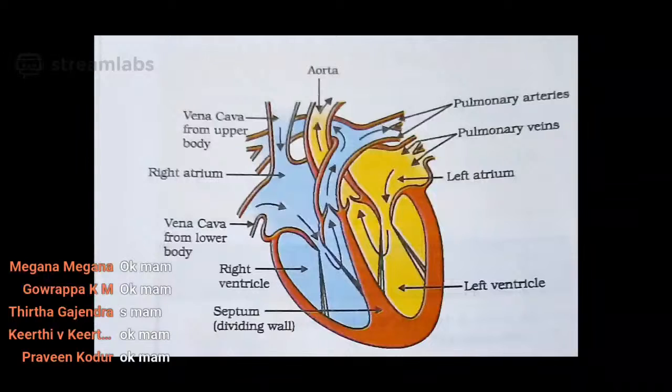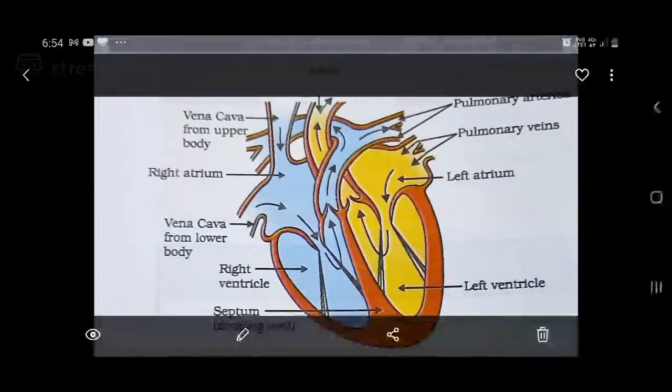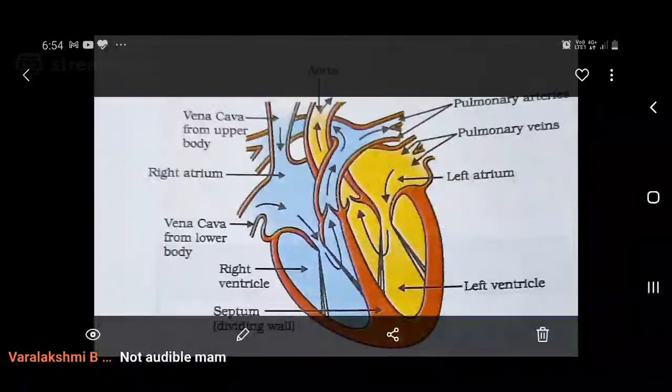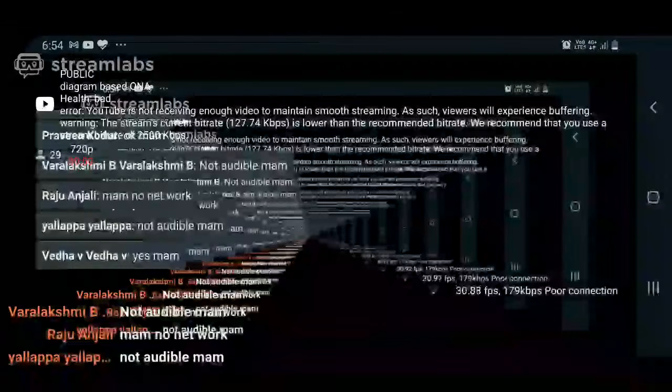Okay, now you have all gone through the heart cross-section diagram. Now the question is, which is the largest artery which carries blood from the heart to the body? Which is the largest artery which pumps the blood?